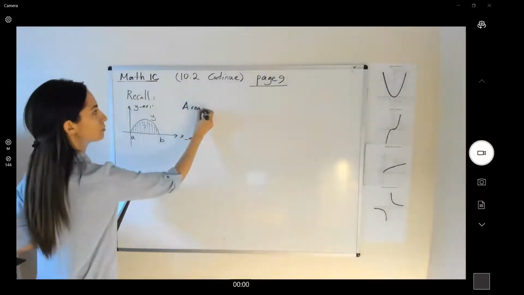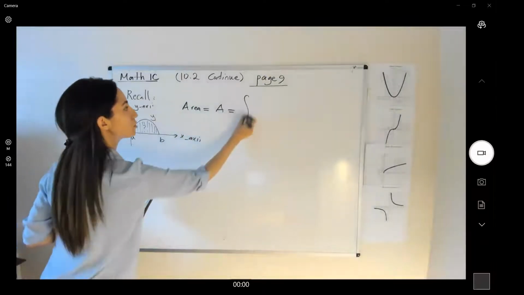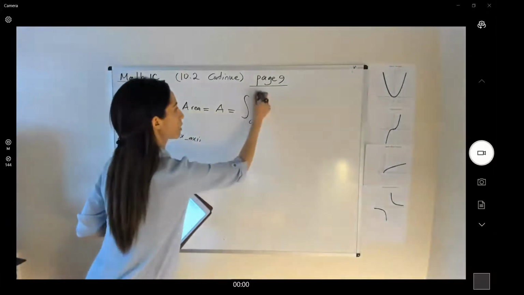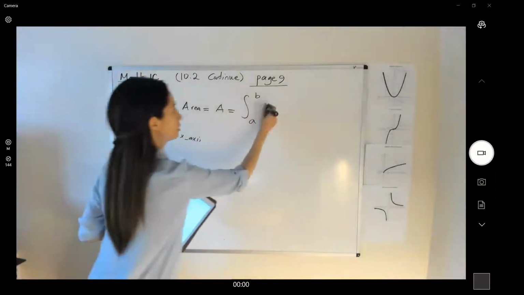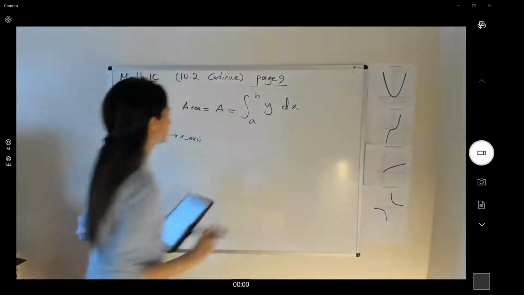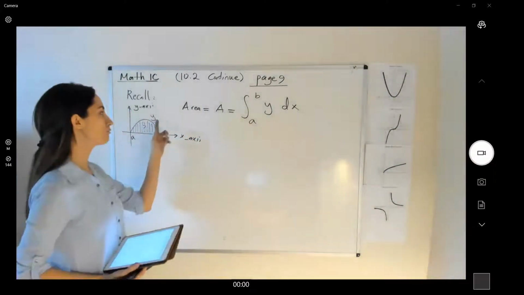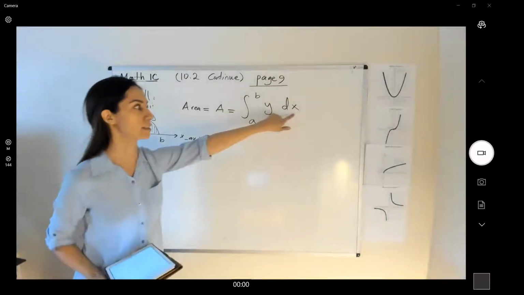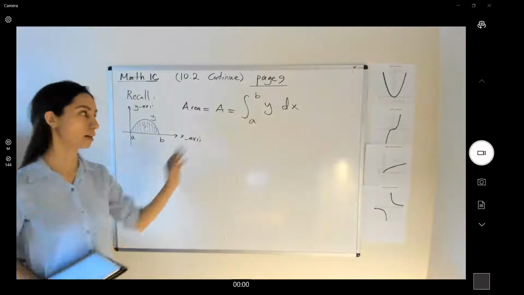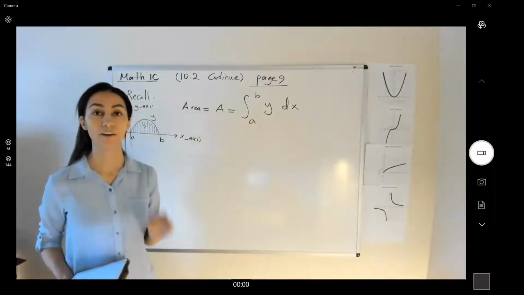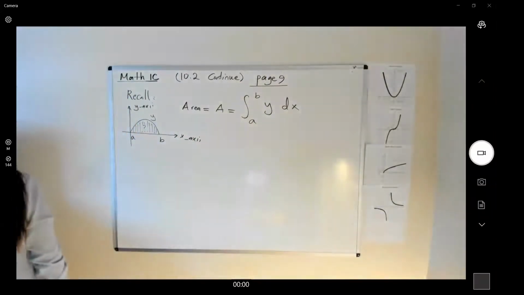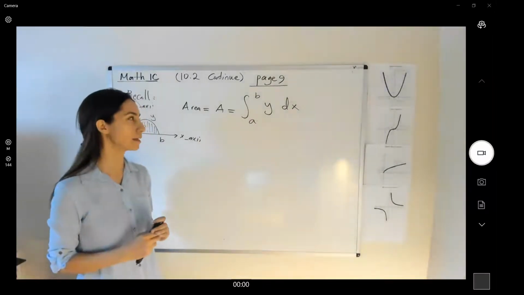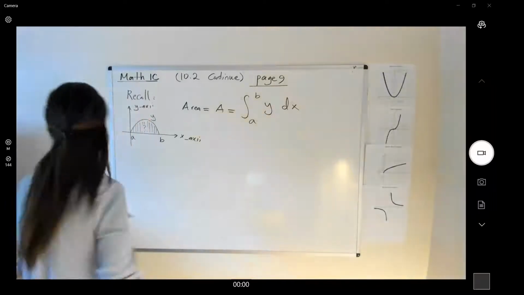Area A is equal to the integral, x ranges between a to b, of function y dx. So if you have a function written in Cartesian form in x and y, this is the formula that we learned to find the area of a function. Now the question is, what if I have a function written in parametric equations?